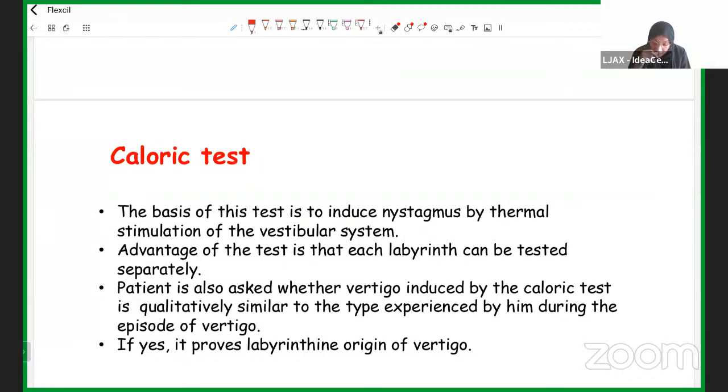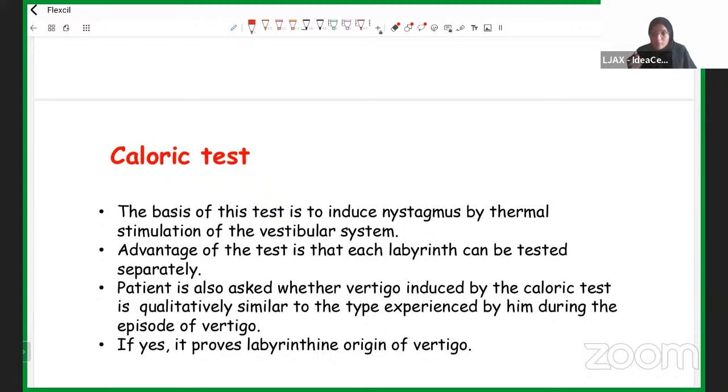The patient is also asked whether vertigo is induced by the caloric test, similar to the type experienced during episodes of vertigo. You can do it in patients who tell you, I feel dizzy, everything is spinning around me, or maybe I'm spinning around. That's called vertigo. You can do this test and ask if he's having the episodes he used to experience before.